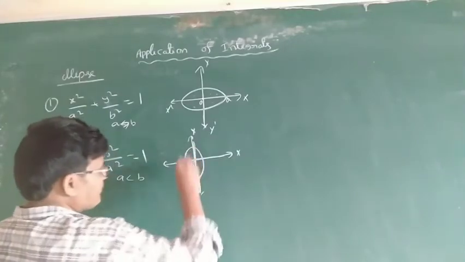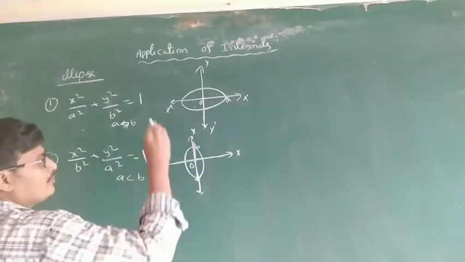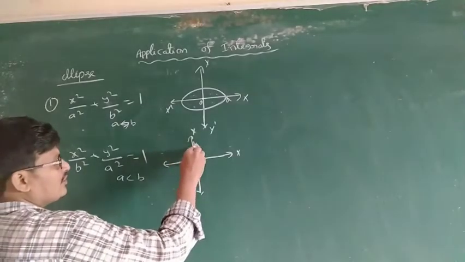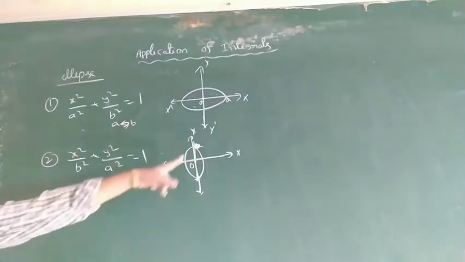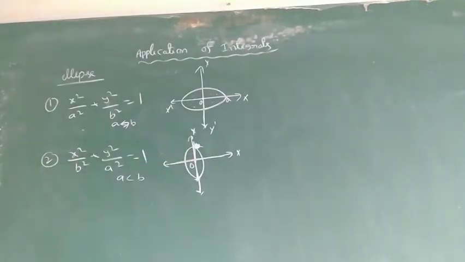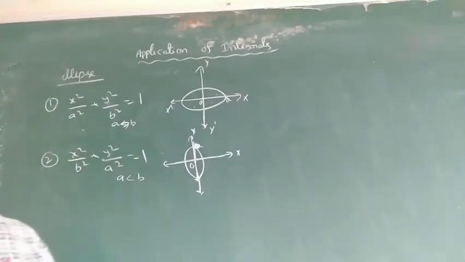This is also the second type of ellipse. Next, the third and fourth are not important.